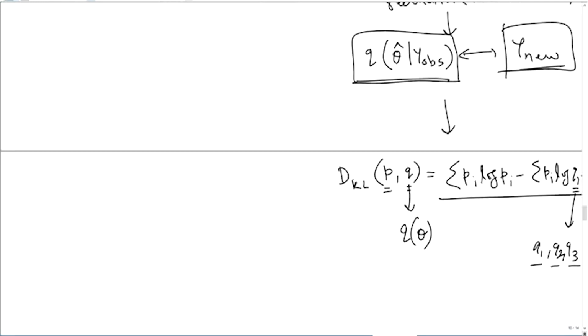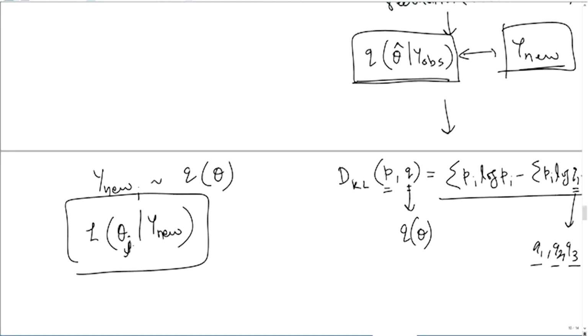So for example, let's say your new data is assumed to come from Q of theta, right? Then you can compute the likelihood for each particular value of theta, let's say theta j, given this new data y nu. So this theta j is actually one of these qj, right?